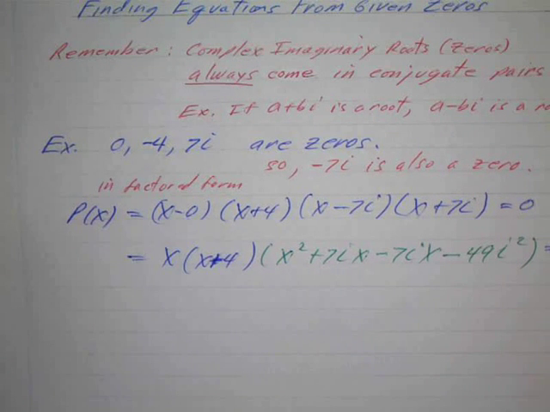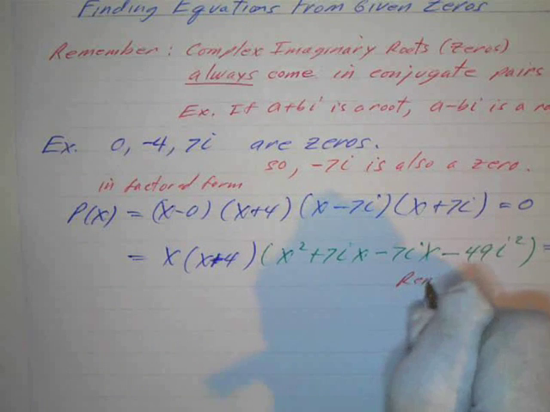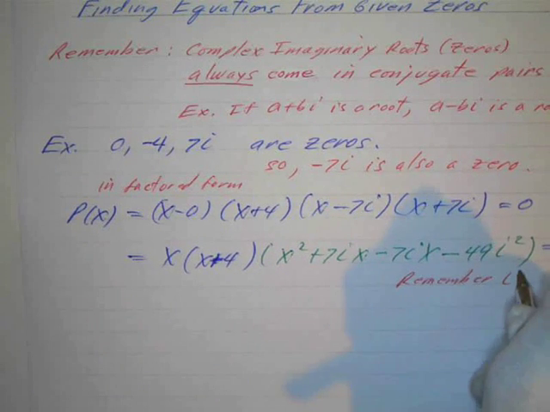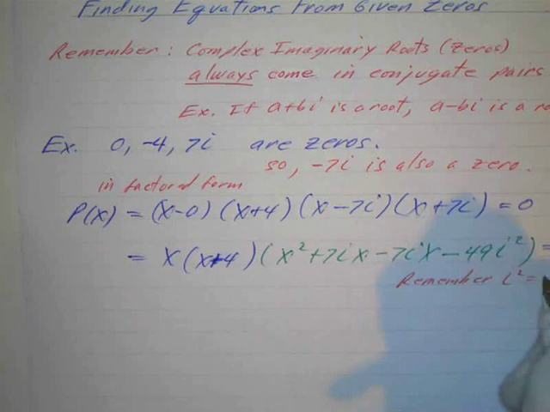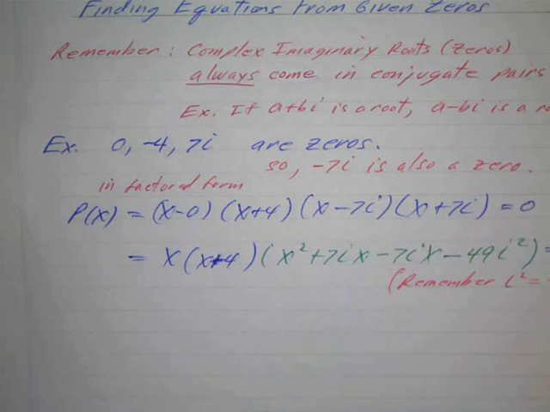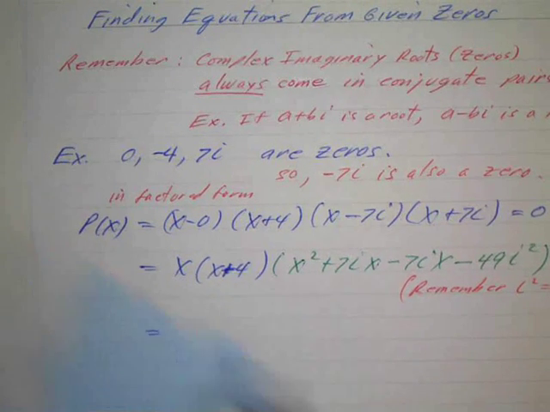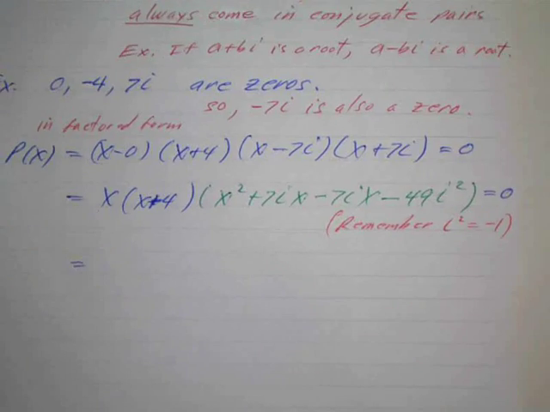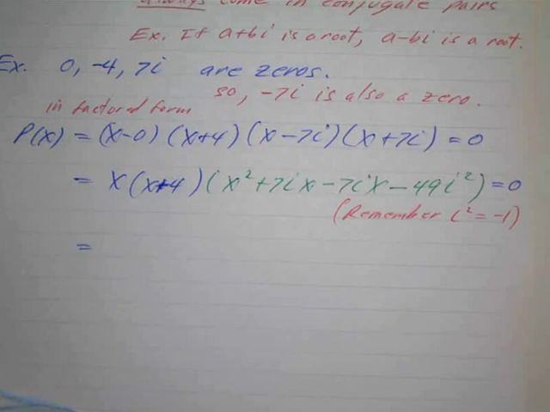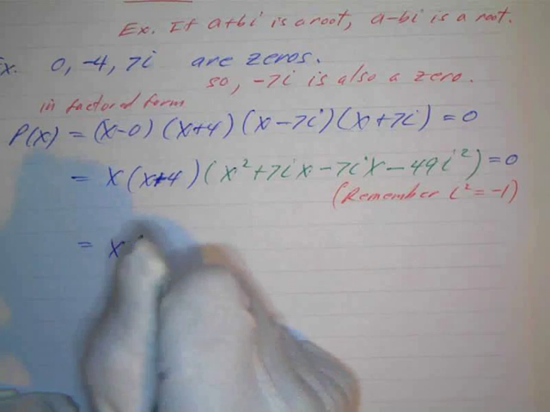So I better write that down over here. Remember, i squared equals -1. Okay, so let me rewrite this over here. Hope you can see all that. So you've got x times x plus 4.